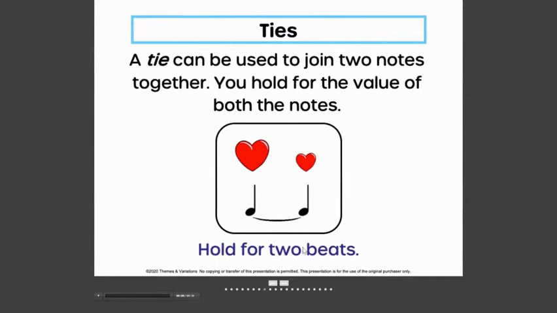Now, a tie can be used to join any 2 notes, not just a ta, ta. But for today, we're joining ta plus ta, and that means 2 beats long, okay? We're going to hold it for 2.